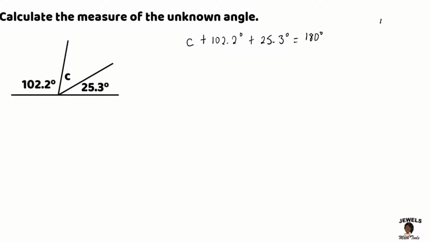That means we're adding our 102.2 degrees plus our 25.3 degrees. And if you remember what I said in our previous video when we calculated the measure of our unknown angle when we had a decimal number, I reminded you that when you're calculating decimal numbers, especially with addition and subtraction, we never line up the numbers.